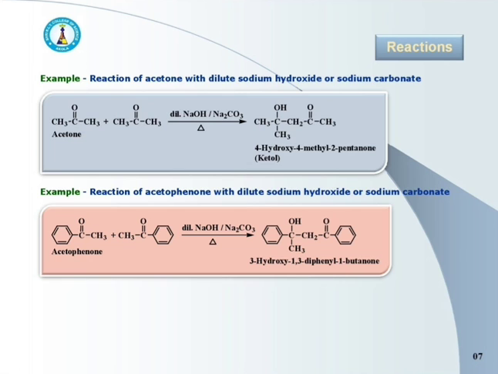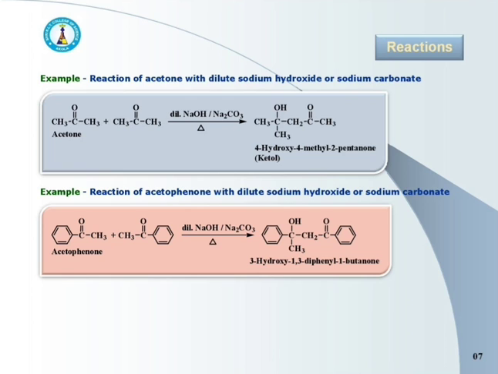When we use acetone, the product is 4-hydroxy-4-methyl-2-pentanone, while by using acetophenone, the product is 3-hydroxy-1,3-diphenyl-1-butanone. These are some examples of aldol condensation.